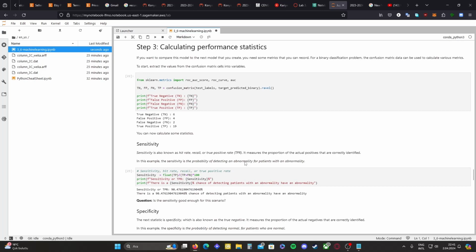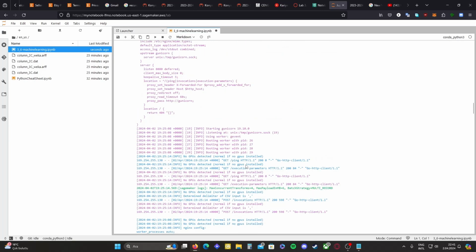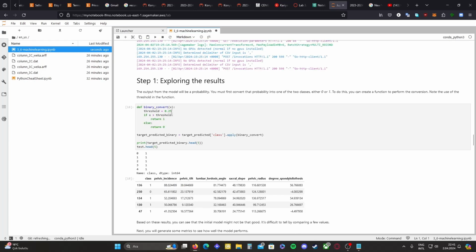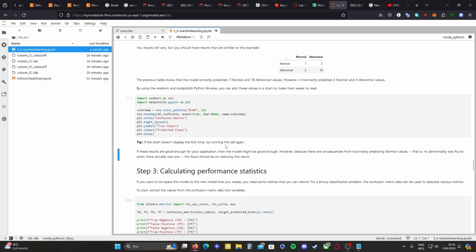So let's make it 0.95, then run the cells again.